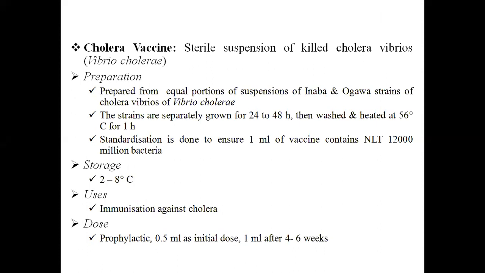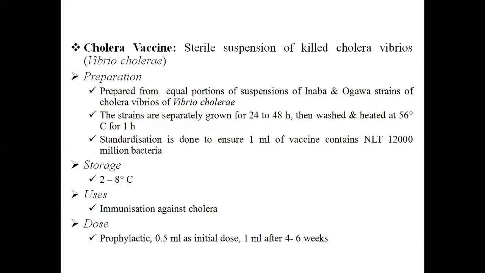In the preparation method, it is prepared from equal portions of suspensions of Vibrio cholerae, Inaba and Ogawa strains, selected for their high antigenic efficacy. Either a single strain or several strains of each type can be used.